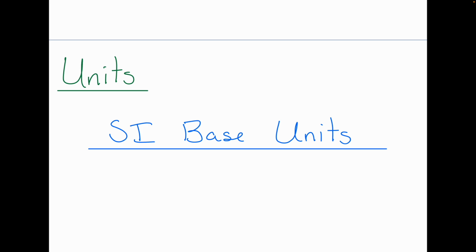Because these Americans are using pounds, we're using grams, these other people are using stones. We just got to simplify things. We got to pick one system that we're all going to stick to from here on out. And most of the world has since adopted that system, what's called the metric system.